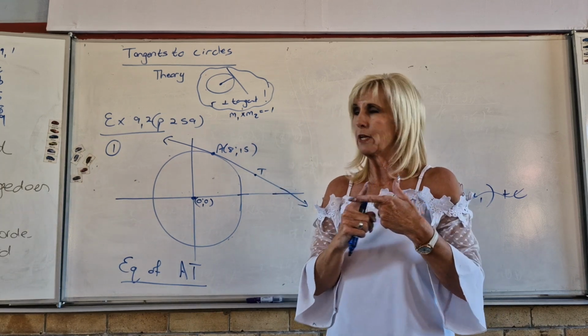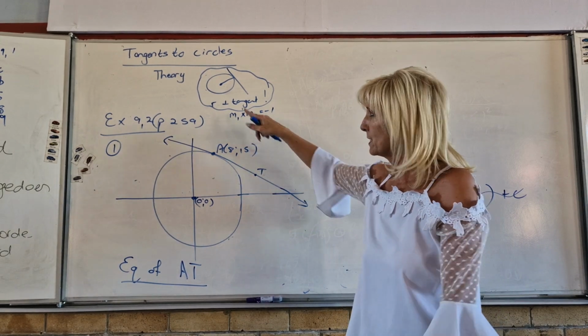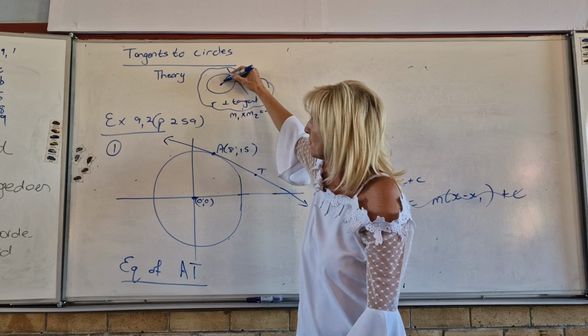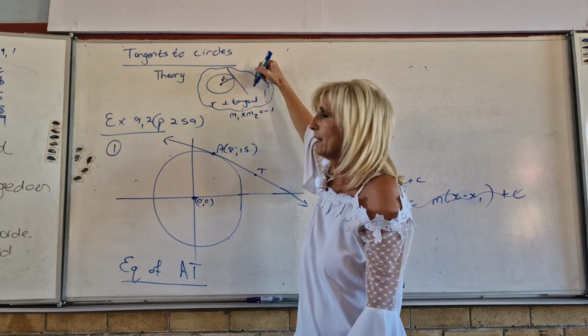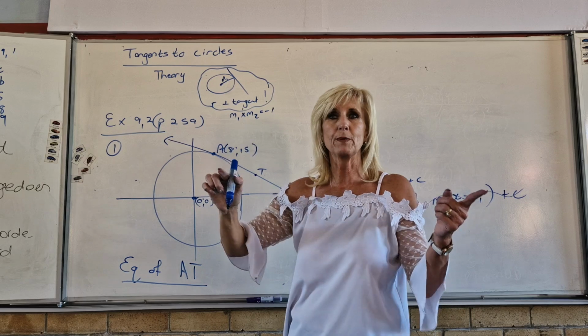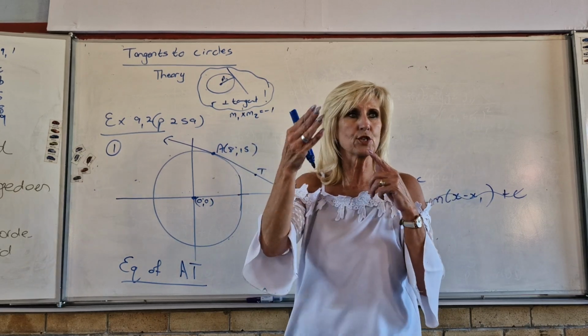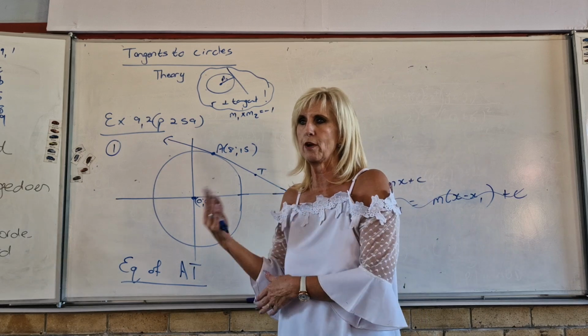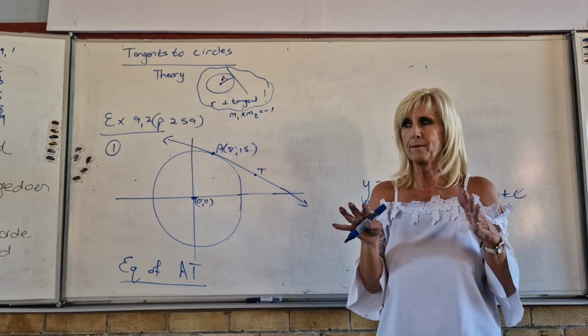If it's perpendicular, then the gradients, when you multiply them, give you -1. So this should happen here: if I've got the gradient of the radius, and I can get the gradient of the tangent, they should, when you times them, be -1. So if the one is plus 2 over 3, the other one will be -3 over 2 to make up that product of -1. Are you with me here?